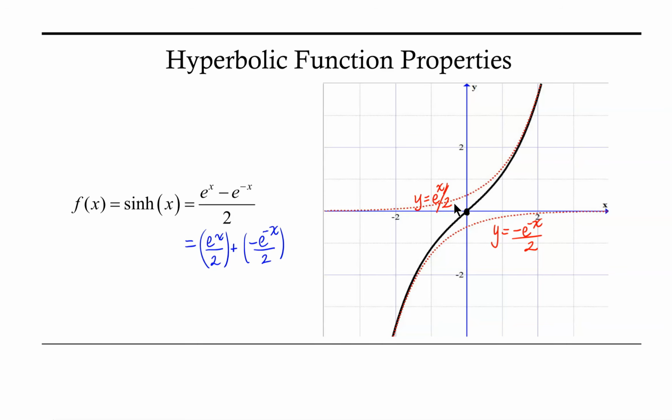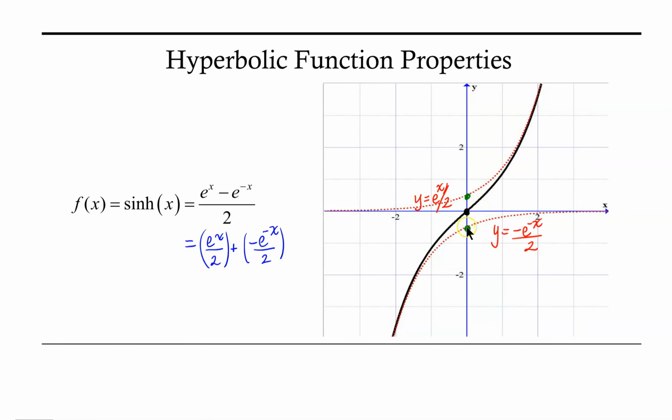So if we could go point by point through this function, we would see that for each x value, if we add the corresponding y values for e to the x over 2 and negative e to the negative x over 2, we would in fact get the y value that we see graphed here in our sinh function.